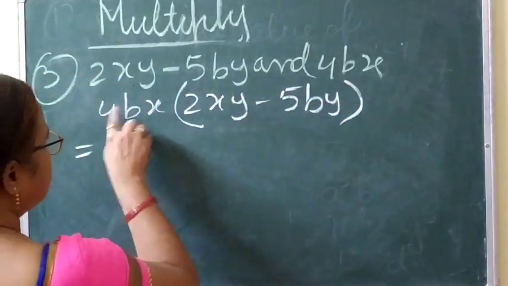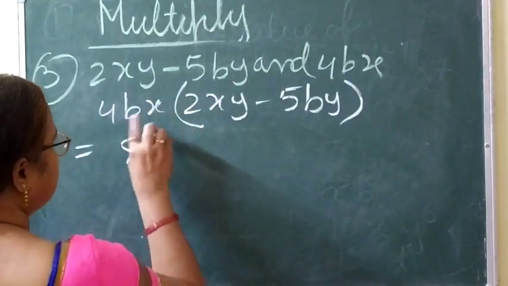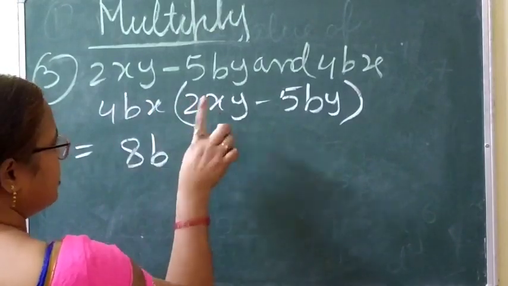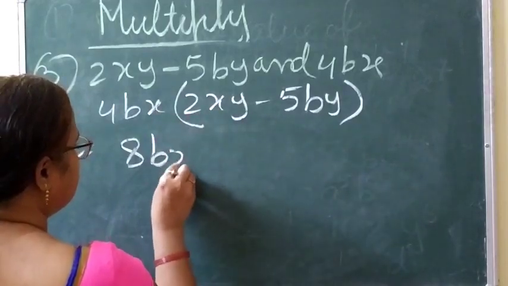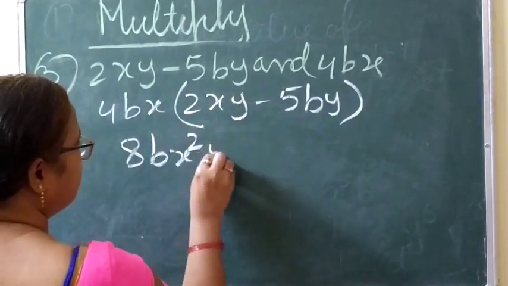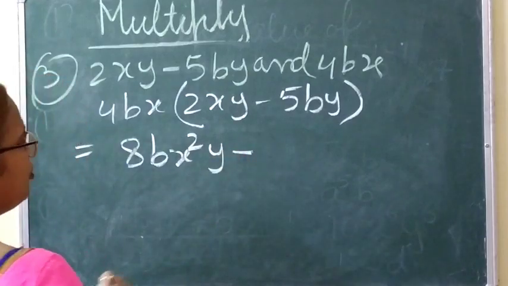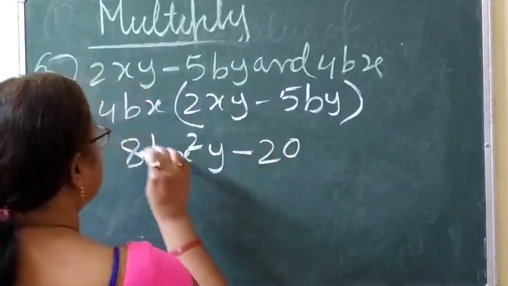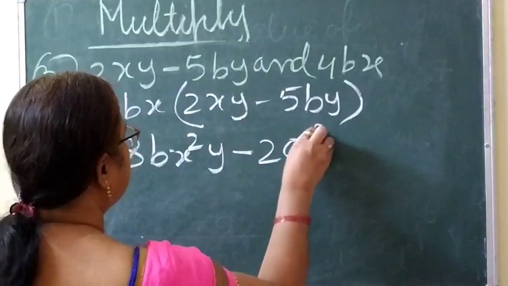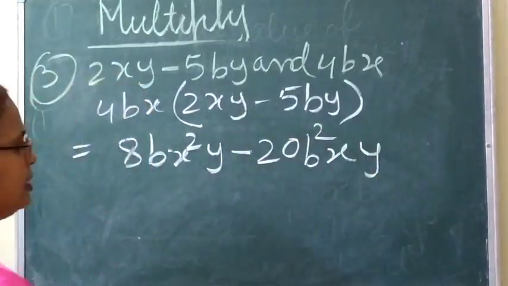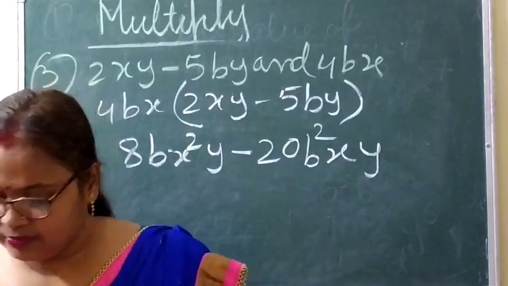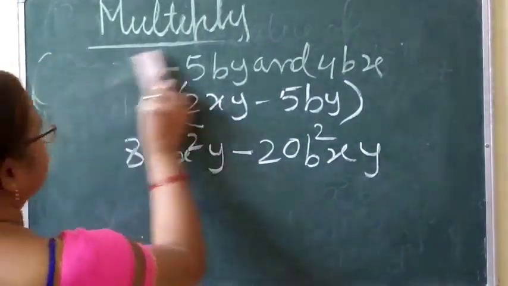Now solve it. 4 2s are 8. Then no b is here, only one b inside the bracket. With 2 there is no b, so b and x square and then y. Again minus 4 into 5, 20. Clear? b and b square, x and then y. This will be the answer.